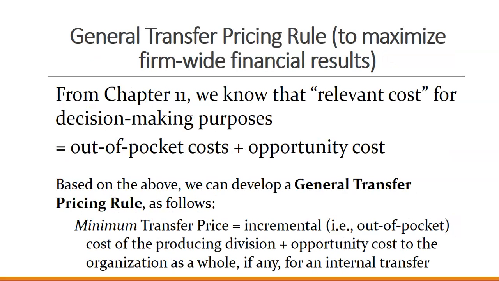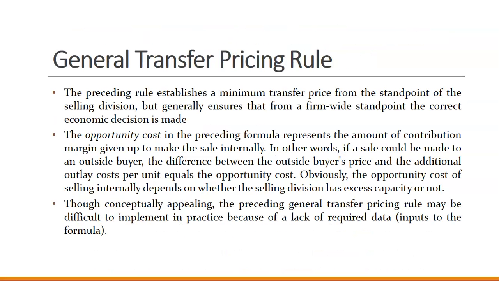So when we're looking at the relevant costs for decision-making purposes, we also need to think about out-of-pocket costs and opportunity costs. So based on the above, we would develop a general transfer pricing rule that the minimum transfer price is the incremental cost of the producing division plus the opportunity cost of the organization as a whole, if any, for internal transfer.